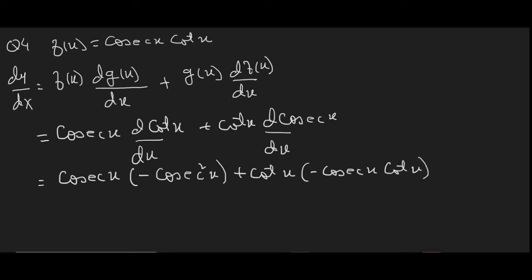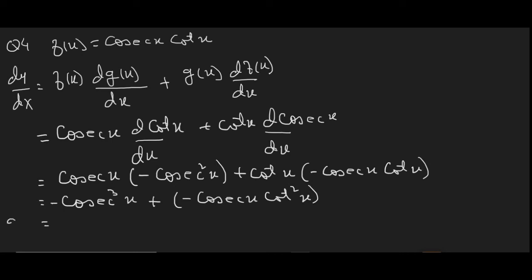Now your derivative is complete and only simplification is required, which is cosecant cube x, and here we put the minus sign, plus minus cosecant x and cotangent square x.